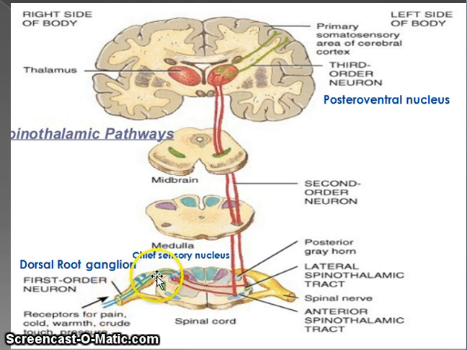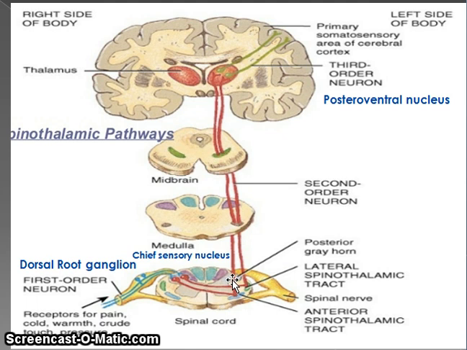This forms the first order neuron, and that will be taken to the chief sensory nucleus. From the chief sensory nucleus, the second order neuron will begin. Here, the fibers will cross to the opposite side in the anterior white commissure. That's why this tract is known as the anterior spinothalamic tract, as it is going through the anterior white commissure.